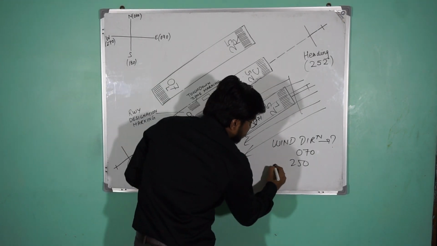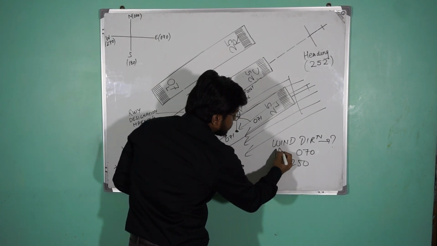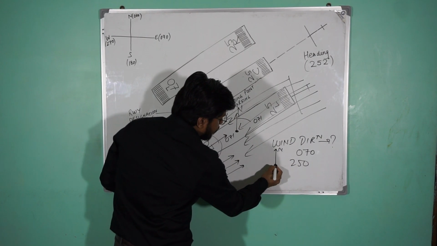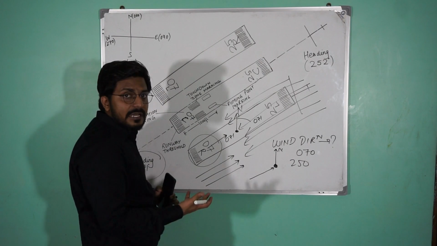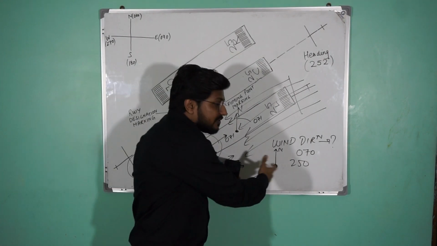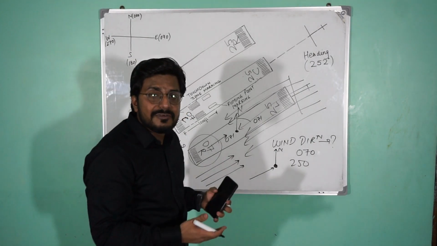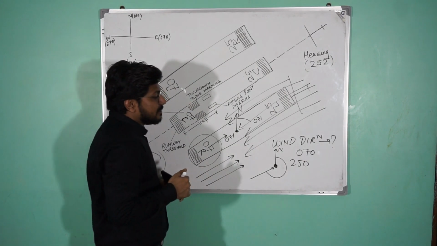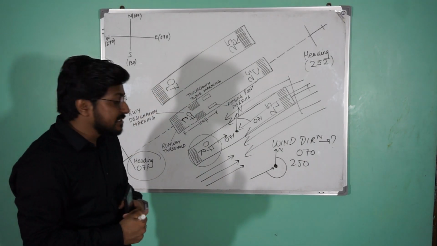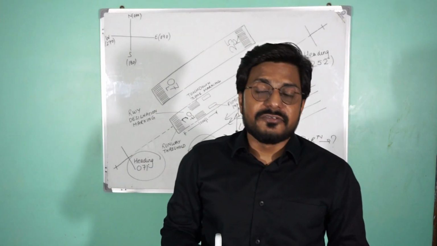That means if this is the observing point and this is north, the wind is coming from this direction, which is around 250. It is not exactly 250, but if you calculate the angle it is making from the north, it is 250. So this is how wind direction is given.